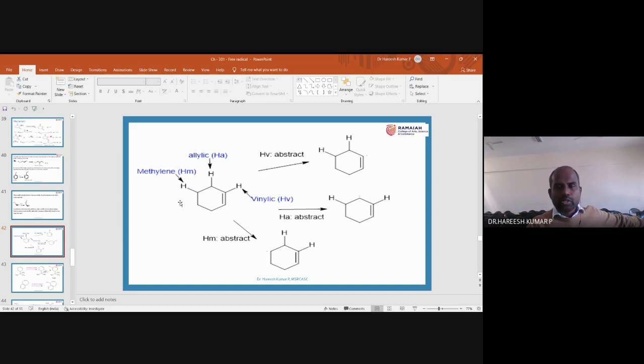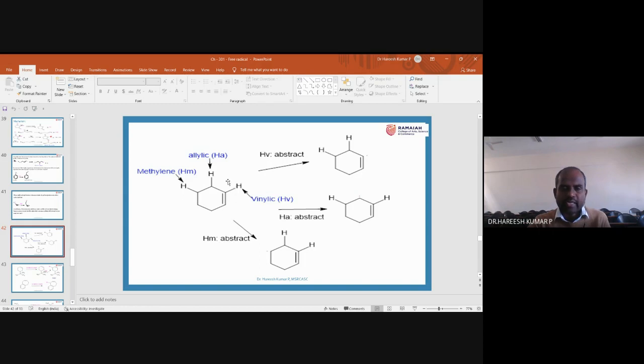So during the photochemical or thermal reaction, more particularly in the free radical reaction, there is a possibility of homolytic cleavage of vinylic hydrogen, allylic hydrogen, and methylene hydrogen. But which one is more stable?